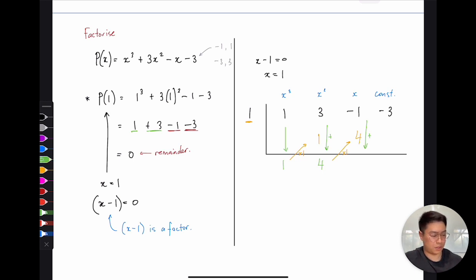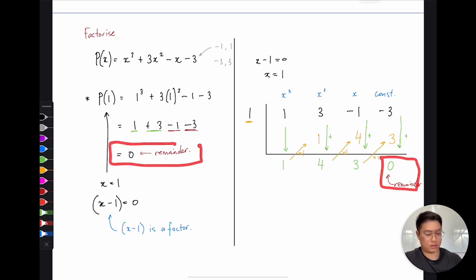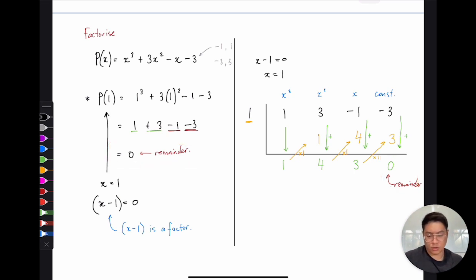Negative 1 plus 4 is positive 3. Cross multiply with our divisor again. 3 times 1 is 3. If we add this vertically, we should have a remainder of 0. That's our remainder. And again, this checks out because when we used the remainder factor theorem and plugged in x equals 1, the polynomial evaluated to 0, which is our remainder.